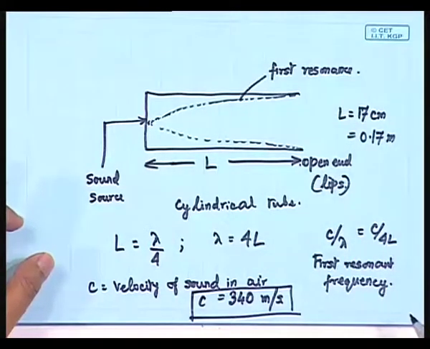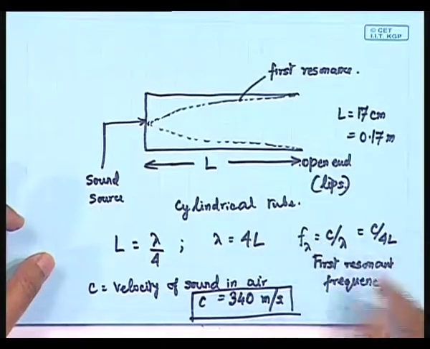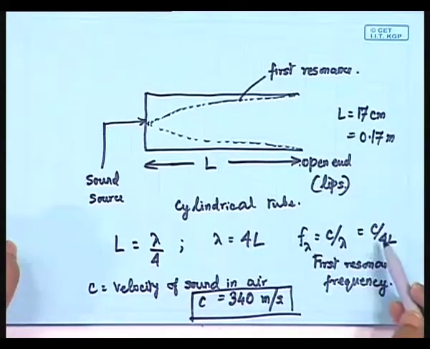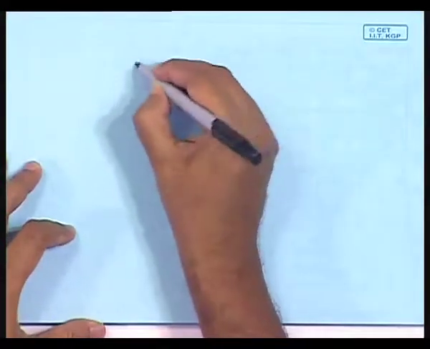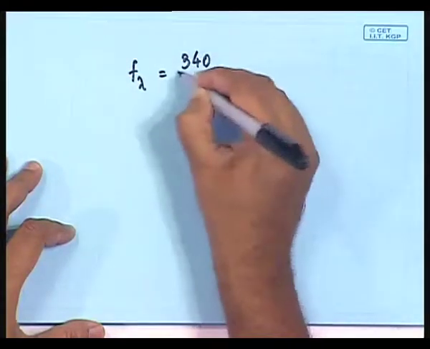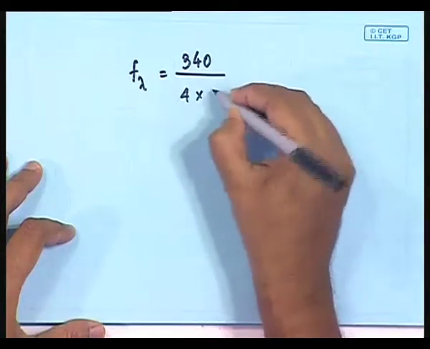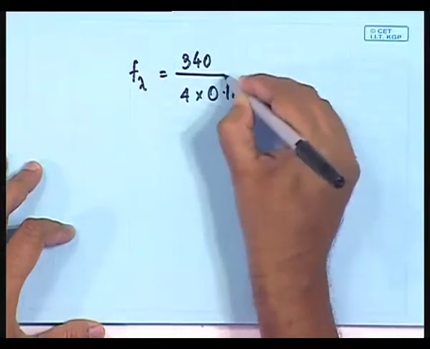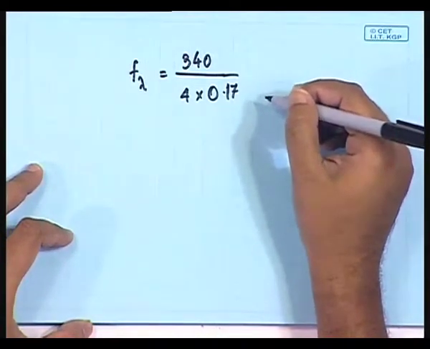If you substitute the values over here, and call this the first resonant frequency f, we write f as 340 meters per second divided by 4 into 0.17, expressing this also in meters, and we will be getting the frequency in hertz.